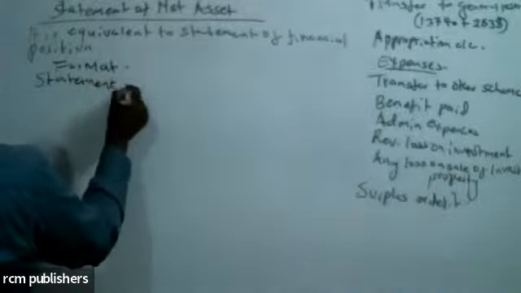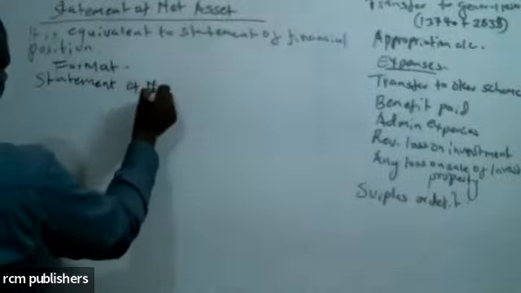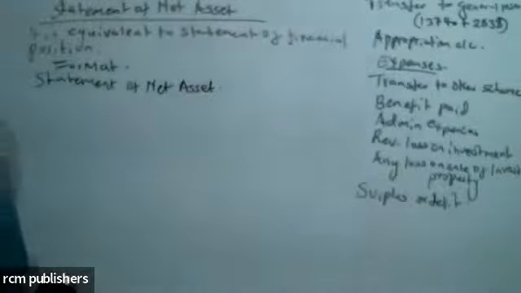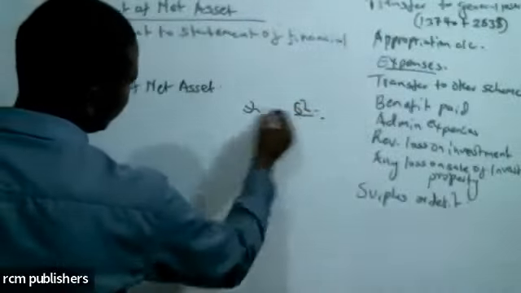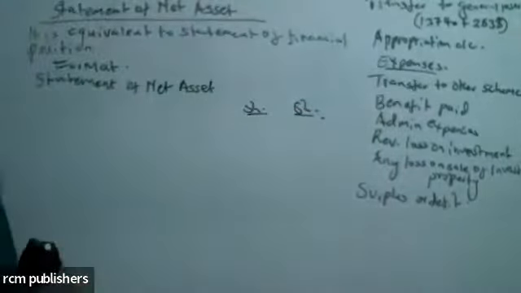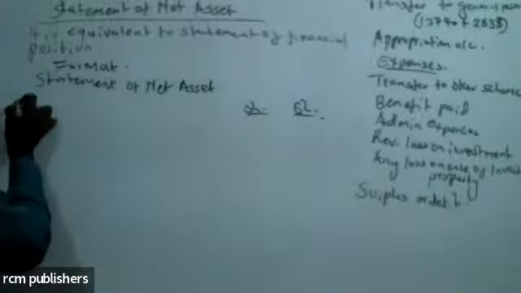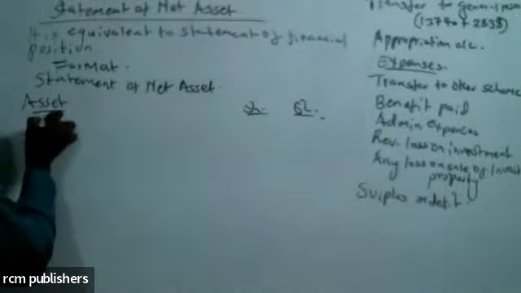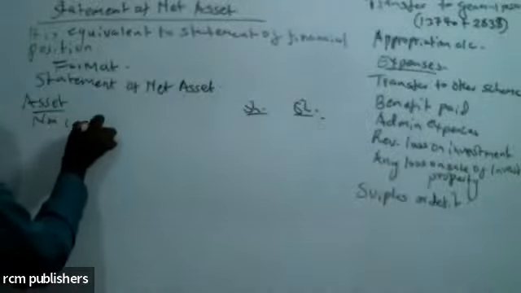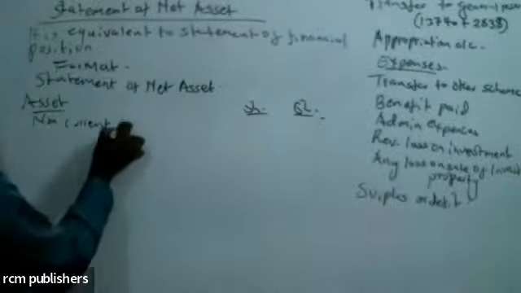It is the last thing that we are doing. Then we can have shillings. So assets: we classify them as non-current assets and current assets.